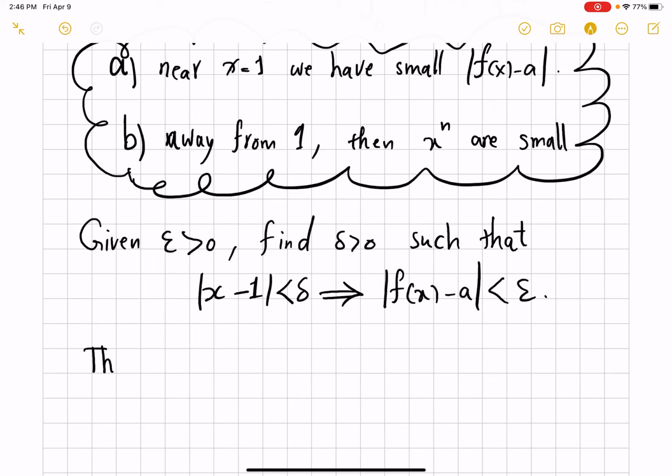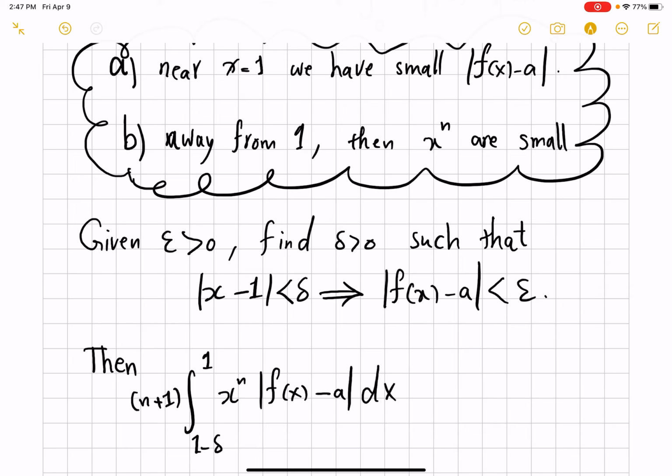Then the integral from 1 minus delta to 1, so everything close to 1, of (n plus 1) times x^n |f(x) minus a| dx will be less than epsilon times (n plus 1) times the integral from 0 to 1 of x^n dx.